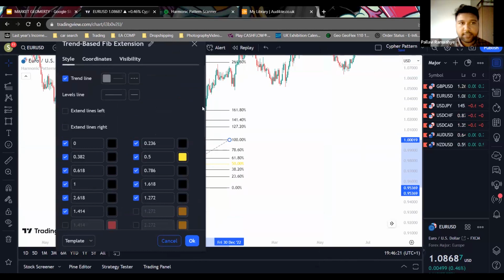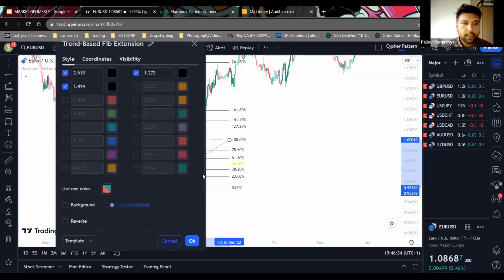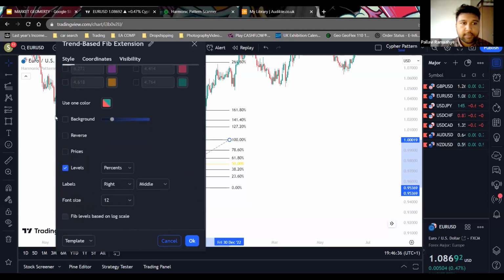These are my settings for the Fibonacci. That's the extension, which is fine actually. So you can use these. I will upload it to the YouTube channel. I turn my background off. Okay, you can see here the background. It creates a lot of noise on the charts.